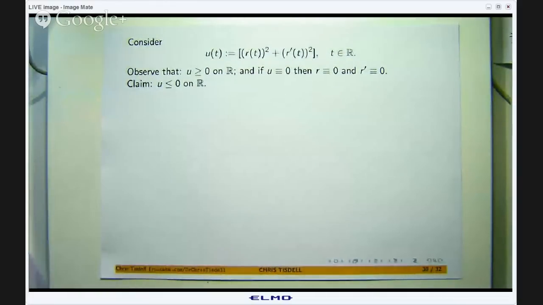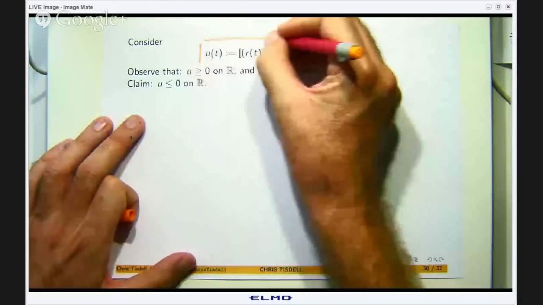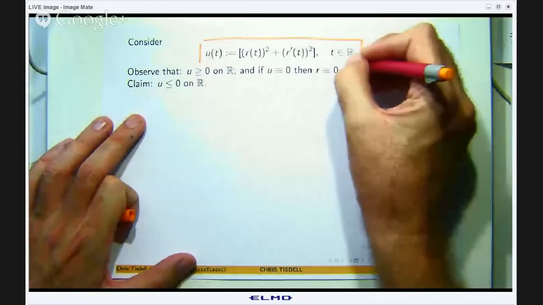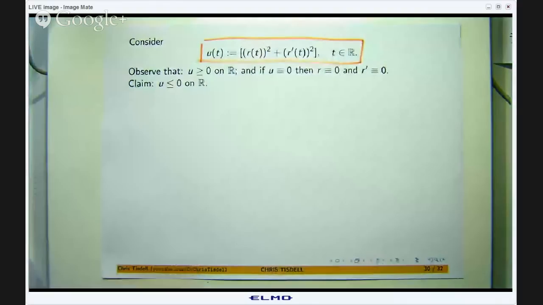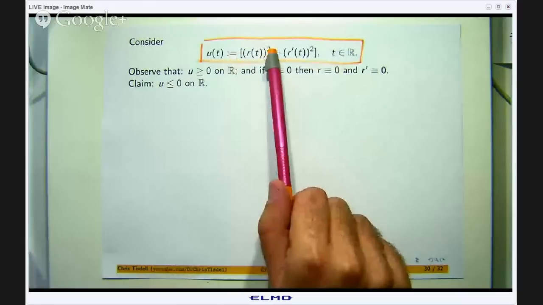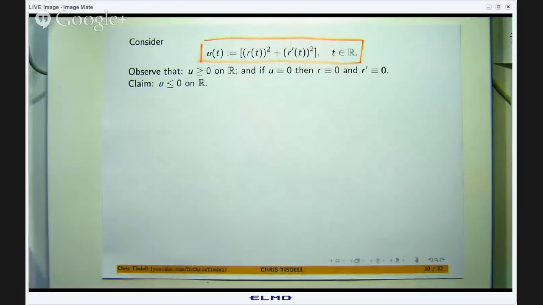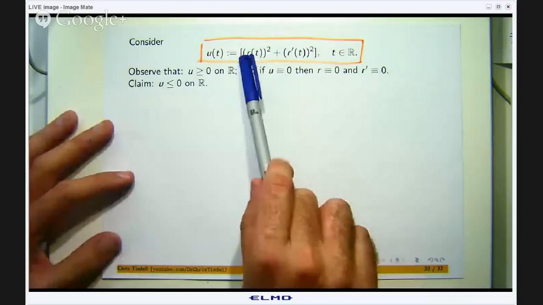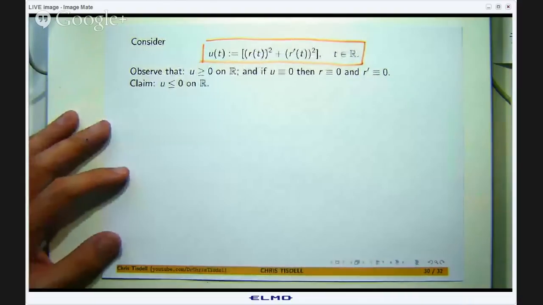I'm going to introduce a new function related to the function r. So u of t is defined by this. It's r squared plus r dash all squared. Now firstly, because we've got the sum of squares here, this function u is always non-negative.